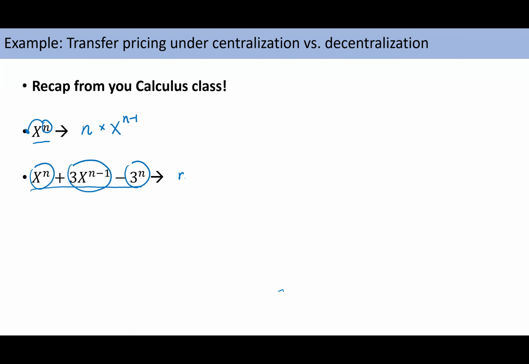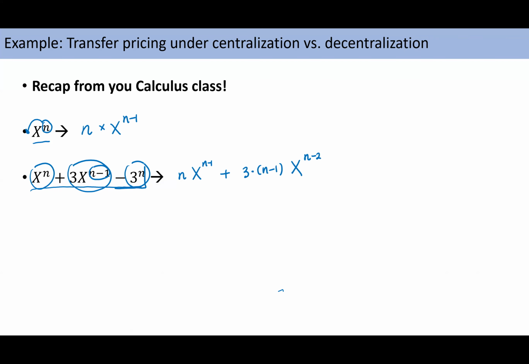The first one, we pull down the n, and then it's x to the n minus 1, plus, we have 3, and we're going to pull down the n minus 1 and deduct 1 from above. So x to the power of n minus 2.